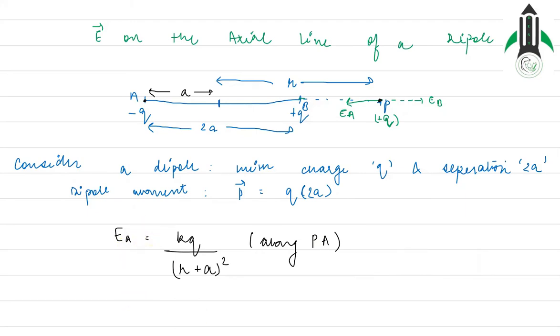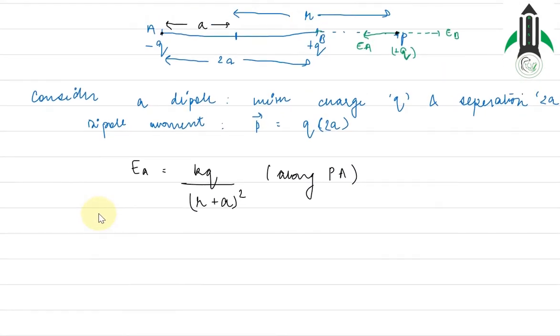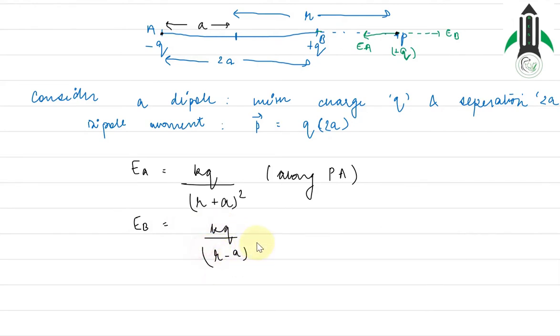Similarly, the electric field due to the charge at B will be kq upon (r minus a) whole square, where r minus a is this distance, along BP, that is towards this direction.